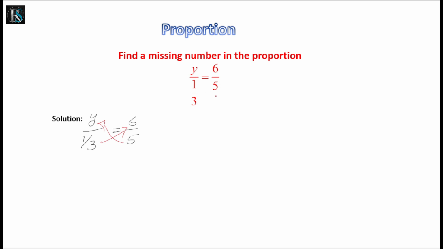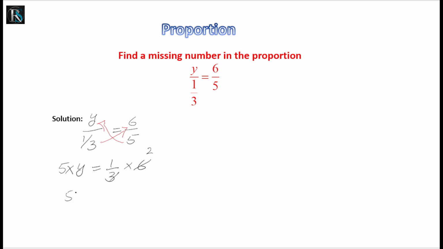And we have discussed already that a proportion is whenever we equate or compare two equivalent ratios. So the first step, the cross multiplication, and we'll get 5 times y is equal to this, and you will be left with 2.